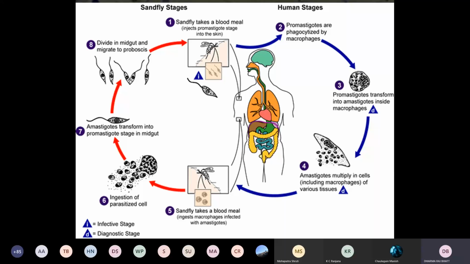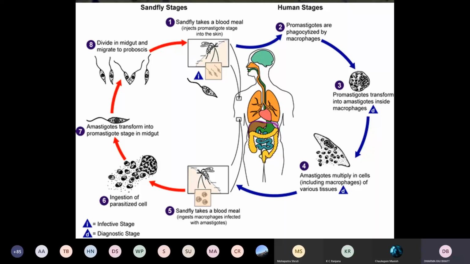So the life cycle has been divided into two different parts, as we have two different hosts. One is the human host, also called the definitive host, and another is the vector, the insect, more specifically the sandfly, right? So some developmental stages take place in the human host and the remaining in the sandfly for completion of the life cycle of the parasite.